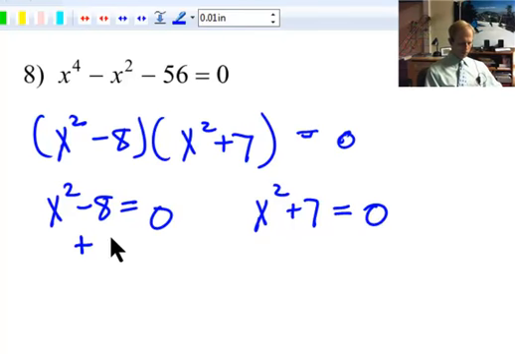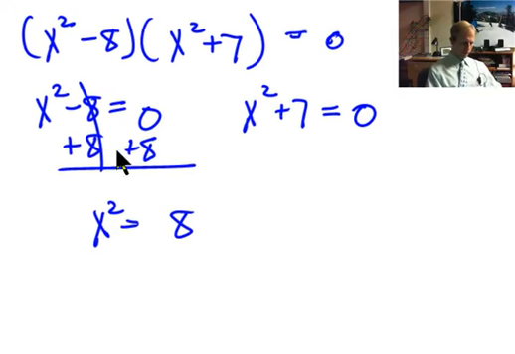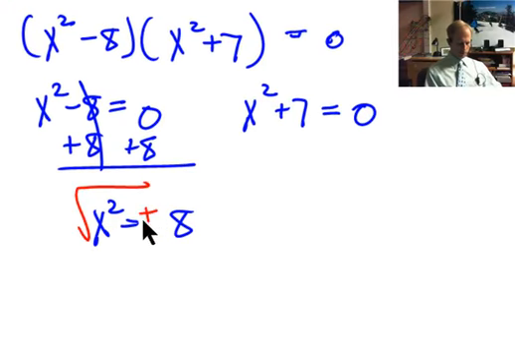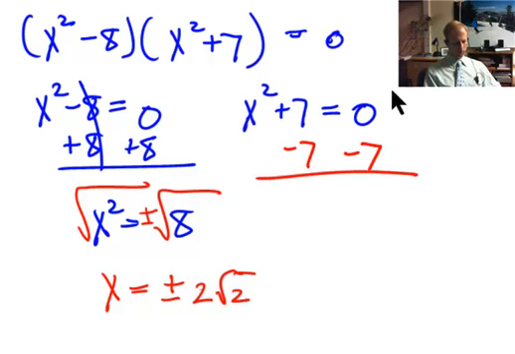So that's going to give me, let's see, I'm going to add 8 to both sides on this one. That gives me x squared equals 8. Now I take the plus or minus square root of both sides of the equal sign. And I get x equals plus or minus square root of 8, which is 4 times 2, so that's 2 radical 2. And then in the other factor, when I set it equal to 0, I get x squared equals negative 7.